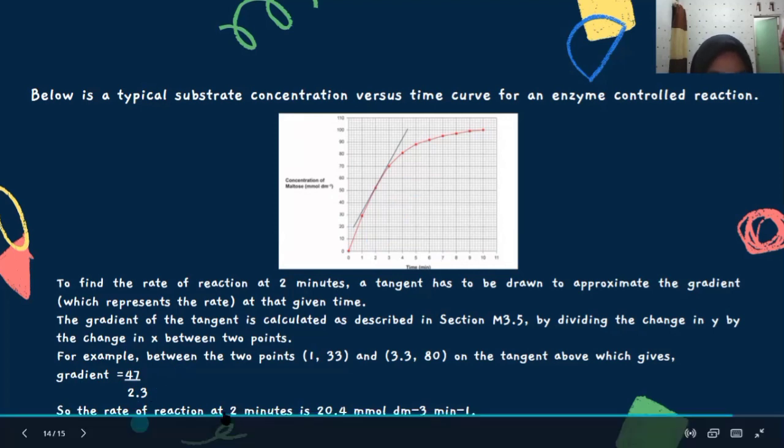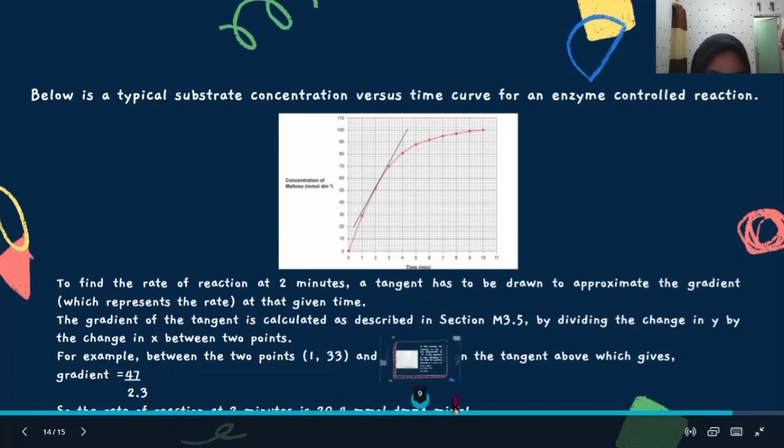So the rate of reaction at 2 minutes is 20.4 mol dm^-3 min^-1.